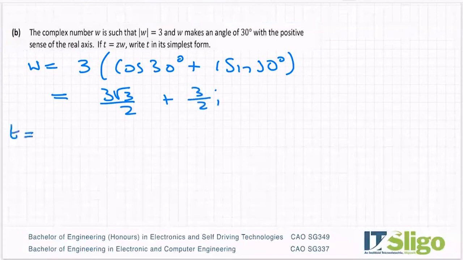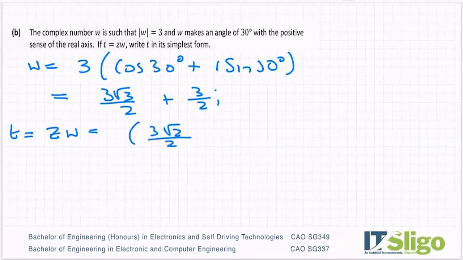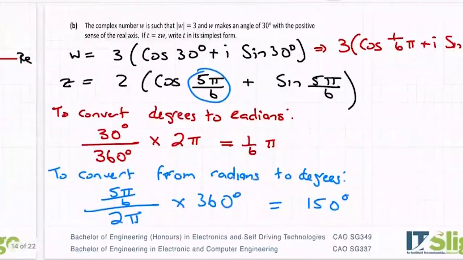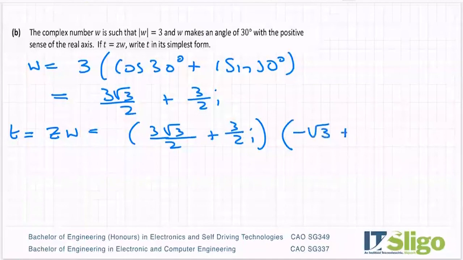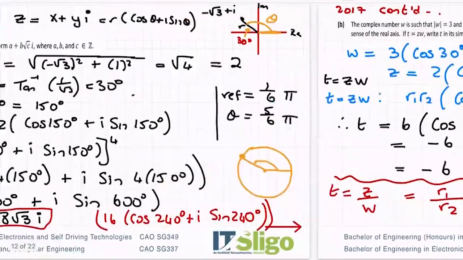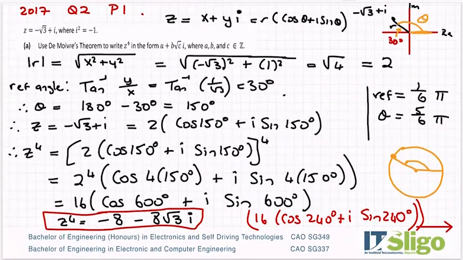Okay, and then when you had to work out z times w, you were multiplying 3 root 3 over 2 plus 3 over 2i by whatever z was in rectangular form, I can't remember, minus root 3 plus i. Okay, and doing this by this, this by this, this by this, and this by this, and multiplying them out in Cartesian form. Nothing wrong with that as well. You will get minus 6. Okay, so just using that question to show you a few different things about complex numbers.